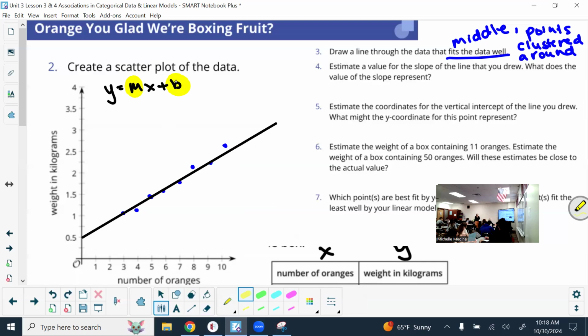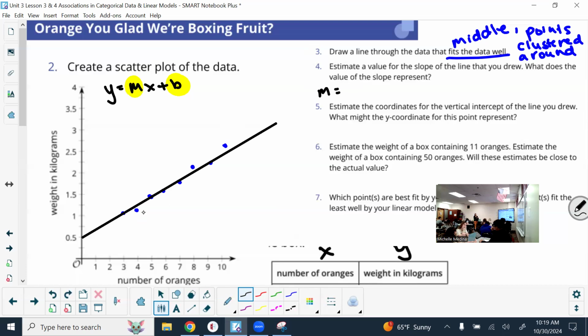Now, to calculate the slope, you guys typically do rise over run. Doesn't always necessarily work when the tick marks are like this. So I'm going to give you a different formula for slope when it's coordinates. So write it down under number 4.